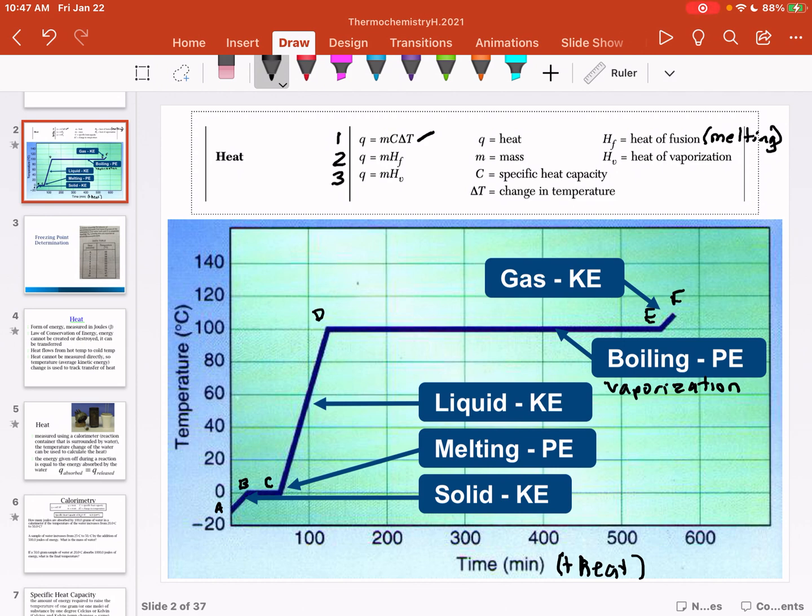And that is when we are concerning ourselves with vaporizing or boiling, in other words, that liquid to gas transition. So these are all the equations that we would use. We said we're going to use heat of fusion during line segment BC, and we would use heat of vaporization during line segment DE.